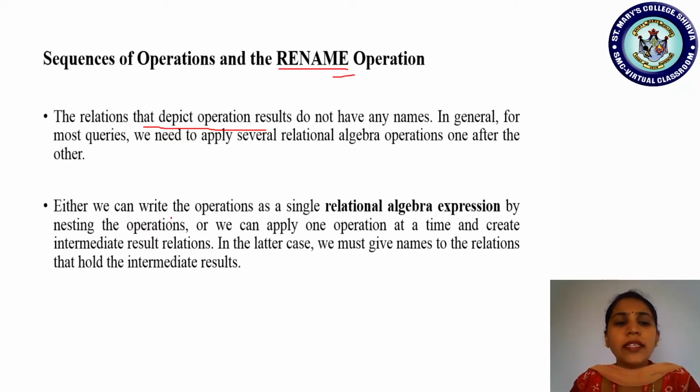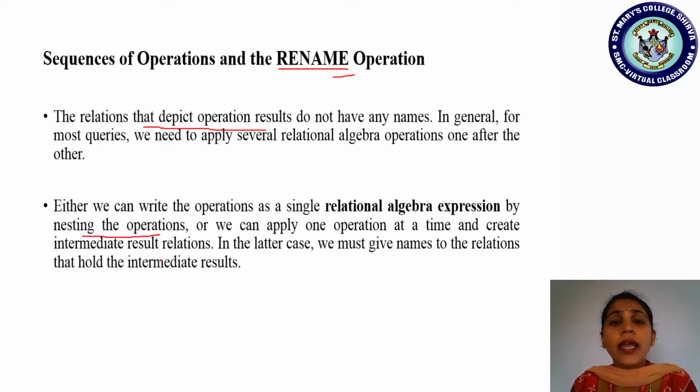Okay, so either we can write the operation as a single relational algebra expression by nesting the operations, or we can apply one operation at a time and create intermediate result relations. That is, by nesting the operations, we can combine both select and project operations together. In a SQL query, we can use 2 operators together. Which ones? Select operator as well as project operator.